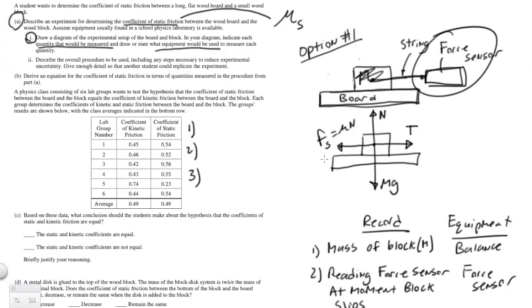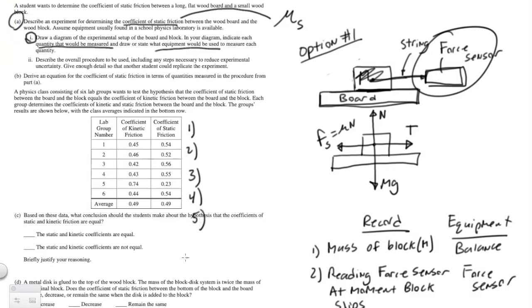Step four, you could say record the reading of the force sensor at the moment the block begins to slip. As soon as the block begins to slip, you know that you've reached the maximum static friction. So that's the reading you want to record from the force sensor.